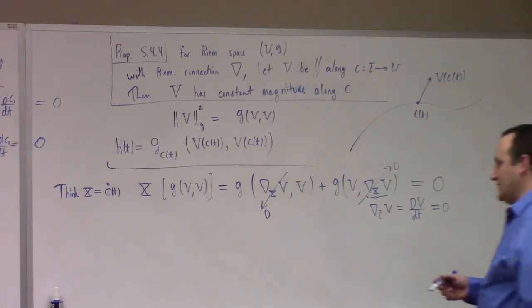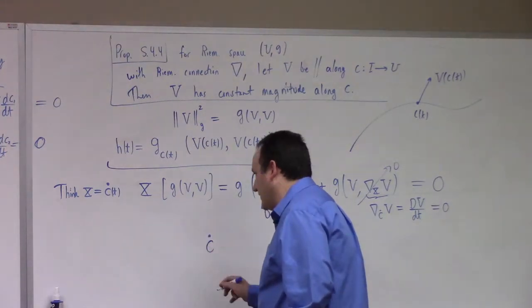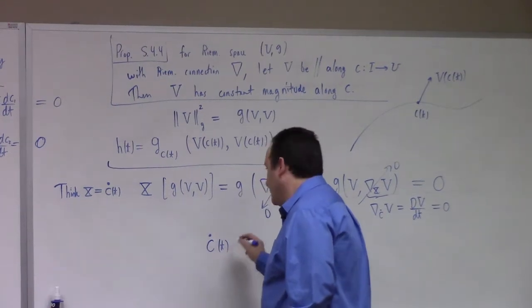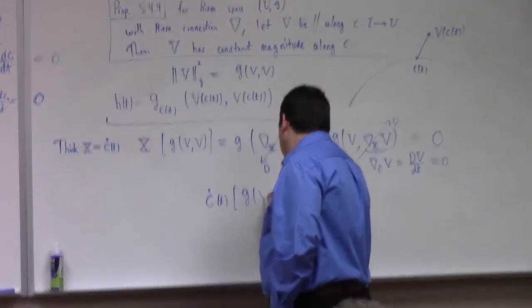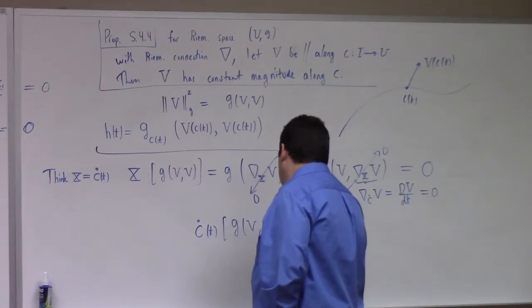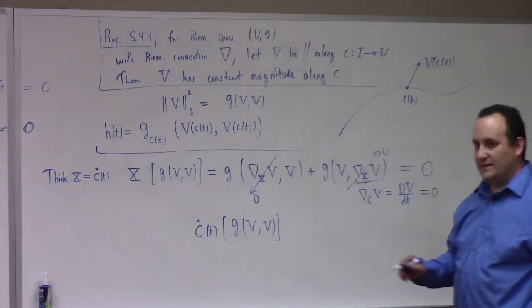So what's that show us? That shows us that c dot of t, this particular derivation, when it acts on this function g of V, V, which properly understood is a function of time, I suppose, is equal to 0.